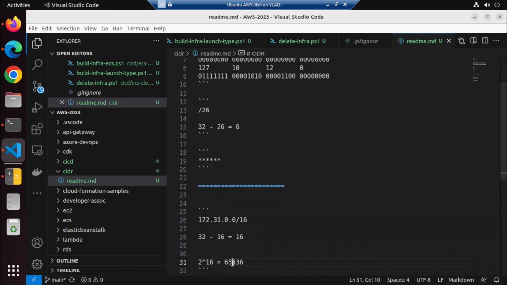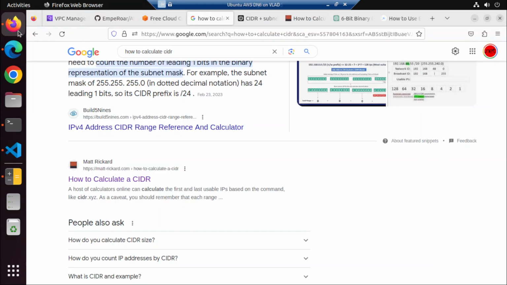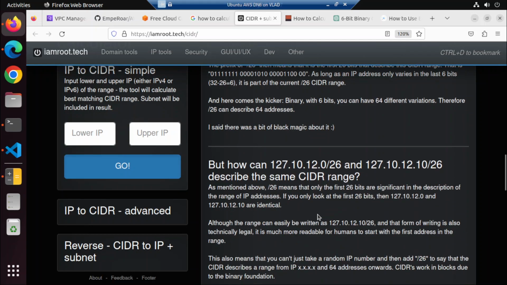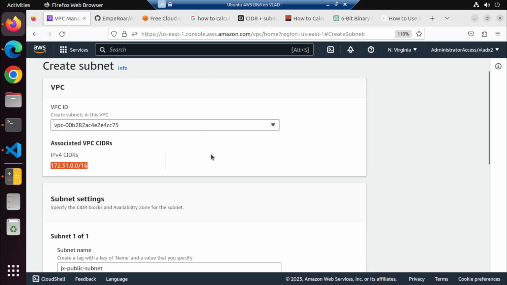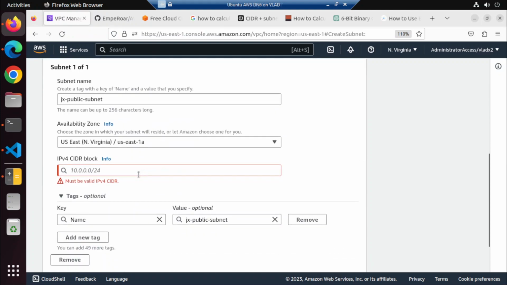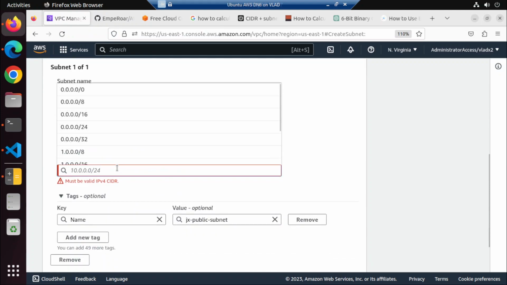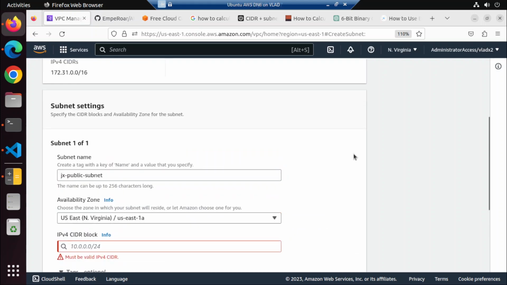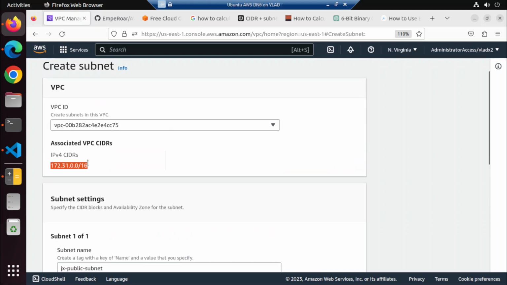So that is the range. Oh man, I'm sleepy now.